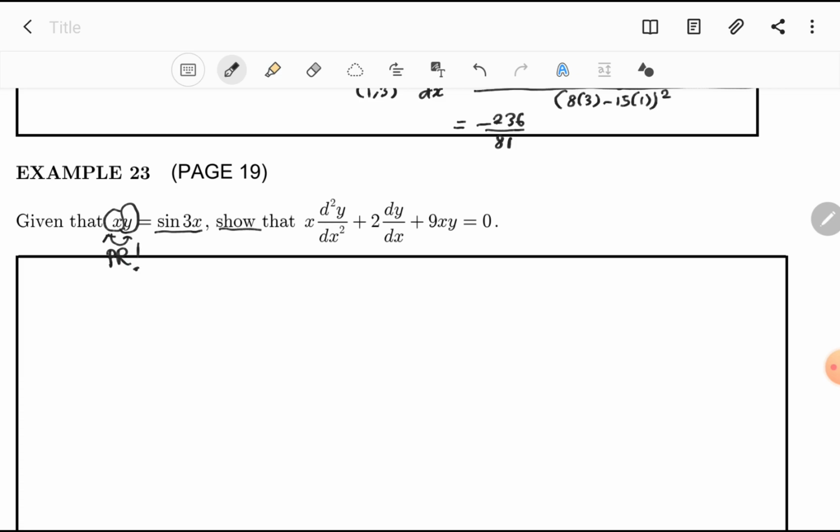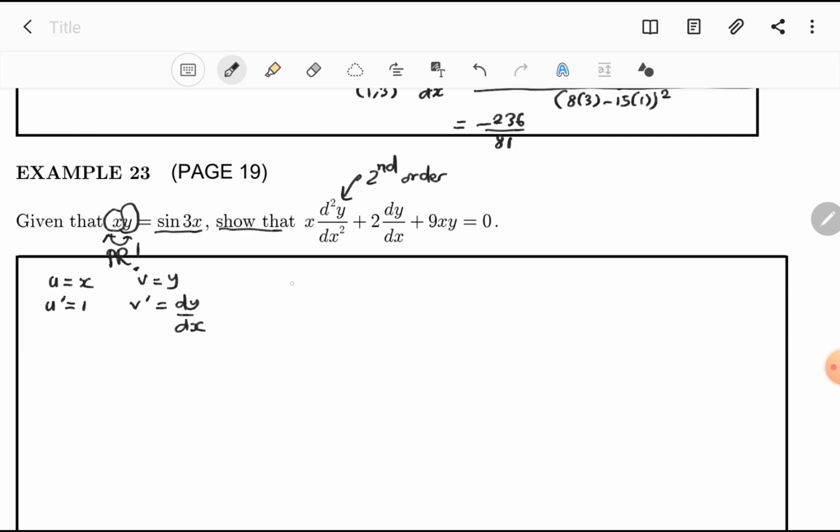And you want to show something up to the second order derivative, meaning that we need to differentiate 2 times. For the product rule, we have u equals x, v equals y. u prime is 1 and v prime is dy dx.